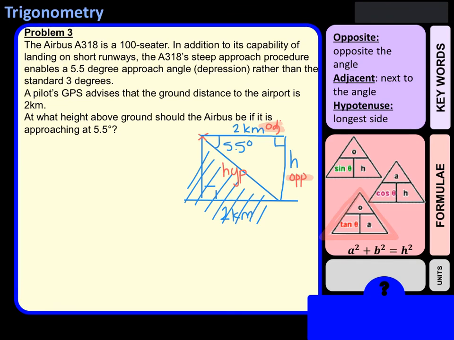So in order to put this together, we're trying to find the opposite, which we're going to call x. So x equals, and if it's opposite that we've covered up, it's telling us to do tan theta times the adjacent.